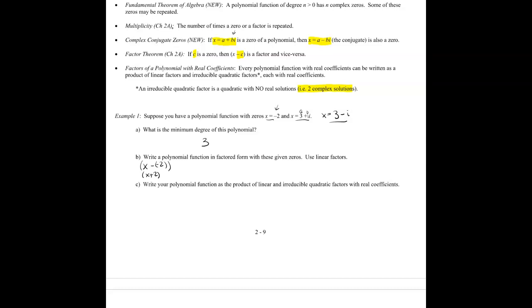Likewise, I would have x minus 3 plus i, and I'd also have x minus 3 minus i. Those are all factors. I'm pretty sure I said minus i, but I think I wrote plus, but definitely one of those should have been plus and one should have been minus, because those signs change.